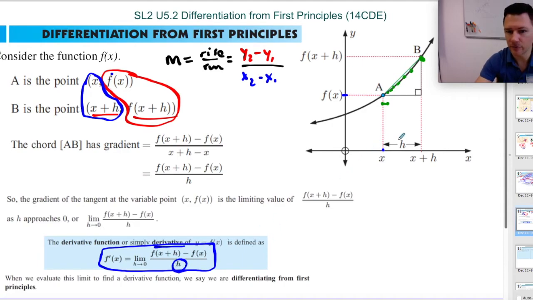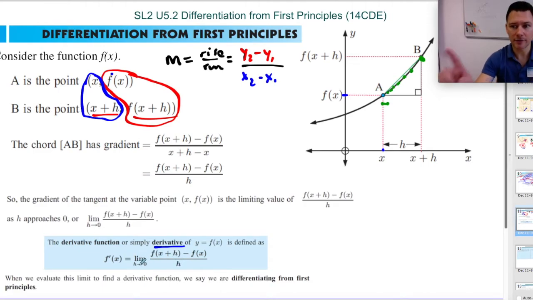The change in the x values, by definition, is h. It's how we're changing, right? And so we take the limit of that as h gets smaller and smaller and smaller. That's going to be the slope, right? The derivative is the slope of the tangent.